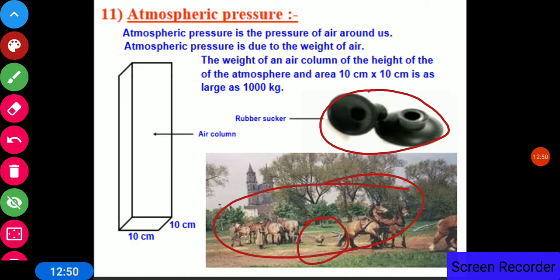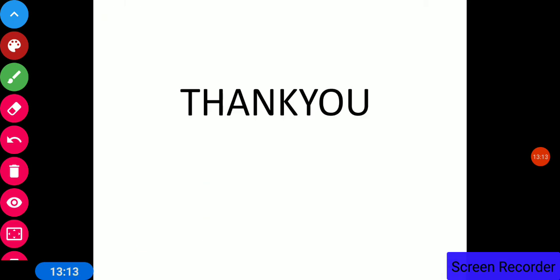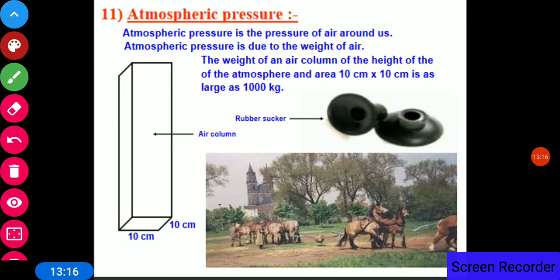The atmospheric pressure acting from outside on these suckers is so high that the 4 horses on this side and the 4 horses on that side are not able to separate the suckers because of the large atmospheric pressure acting on them. So you can imagine that atmospheric pressure is very large, but we do not feel it on our head because of the pressure inside our body due to the flow of blood.